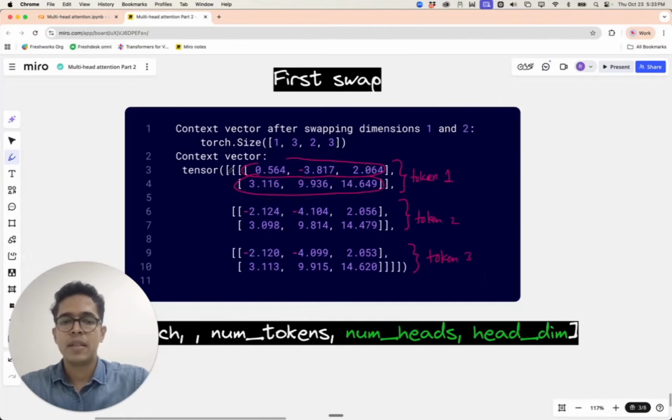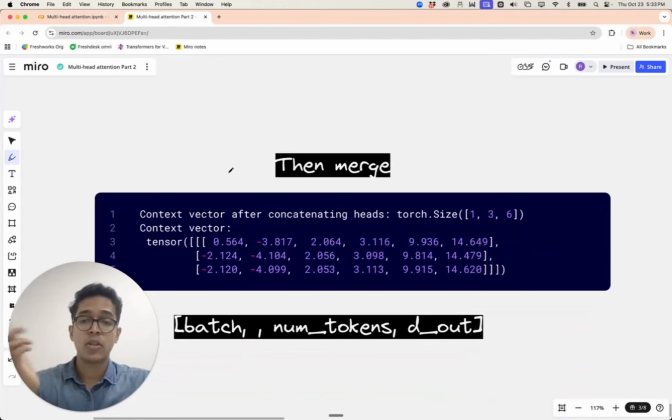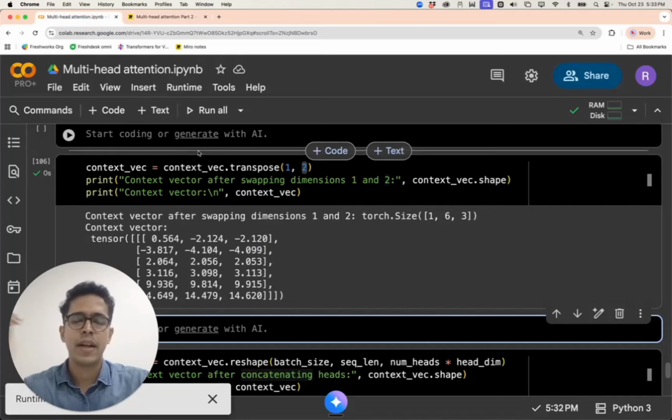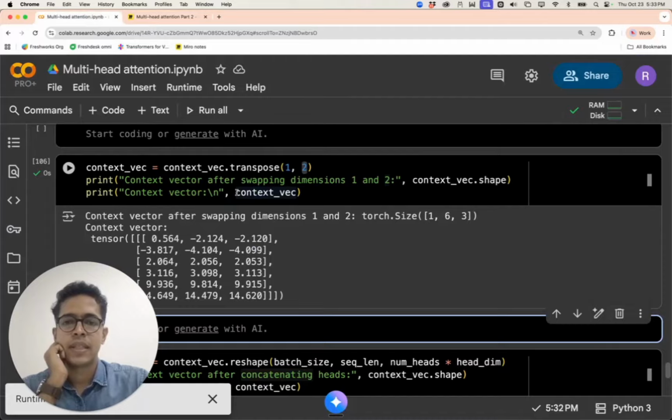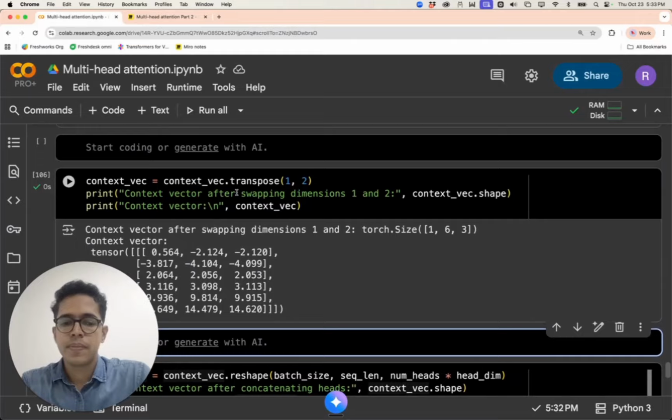We can implement that very simply using the opposite technique of what we did earlier. Earlier we unpacked it into 1, 3, 3, 2. Now we just need to pack it back into 1, 6, 3. So we can implement it over here.